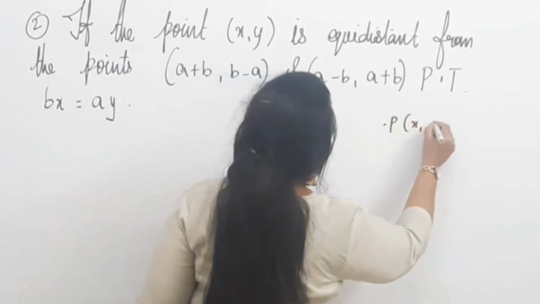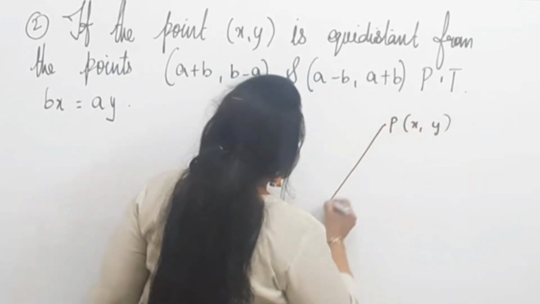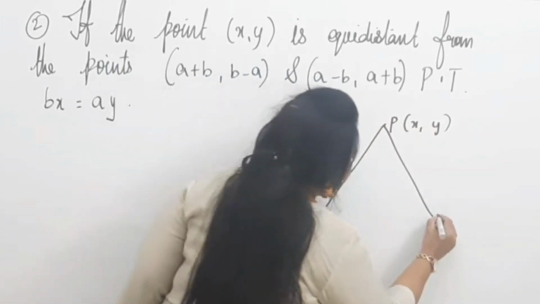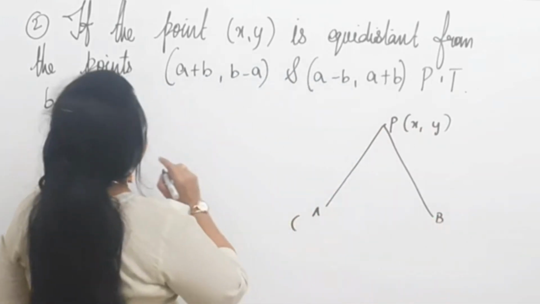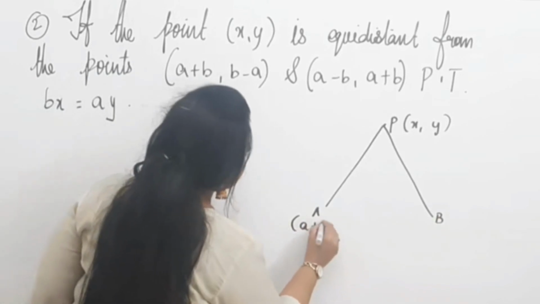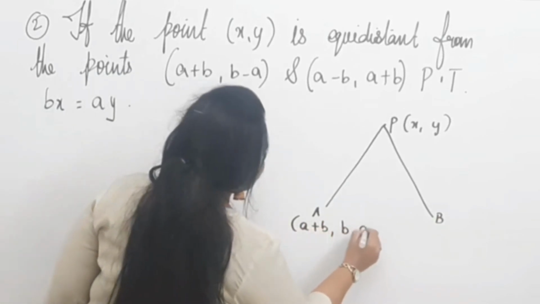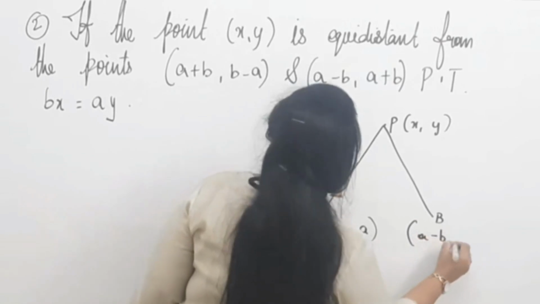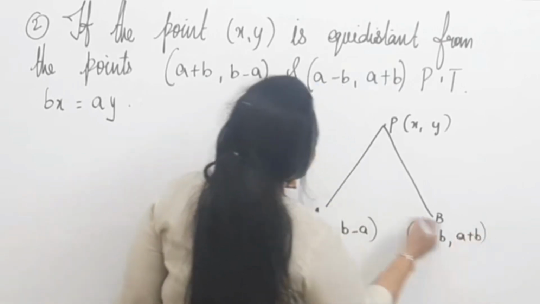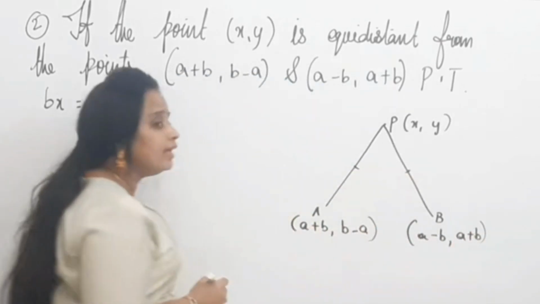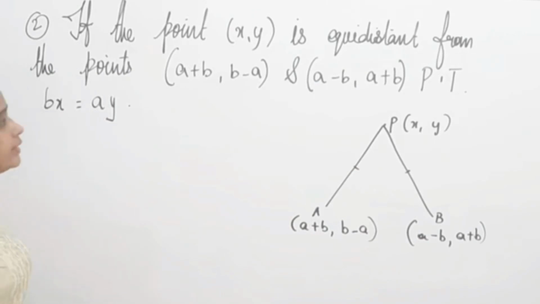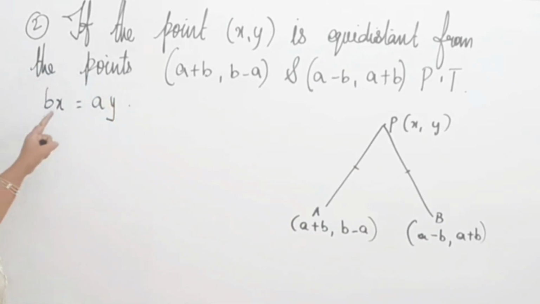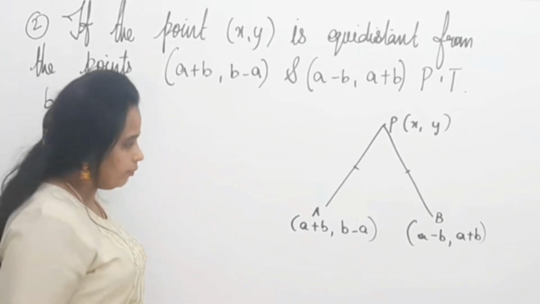P of (x, y) is equidistant from the 2 points. Let me name those points A and B, and the coordinates are (a plus b, b minus a) and (a minus b, a plus b). So these distances are equal. So it is equidistant. We have to prove that bx is equal to ay.